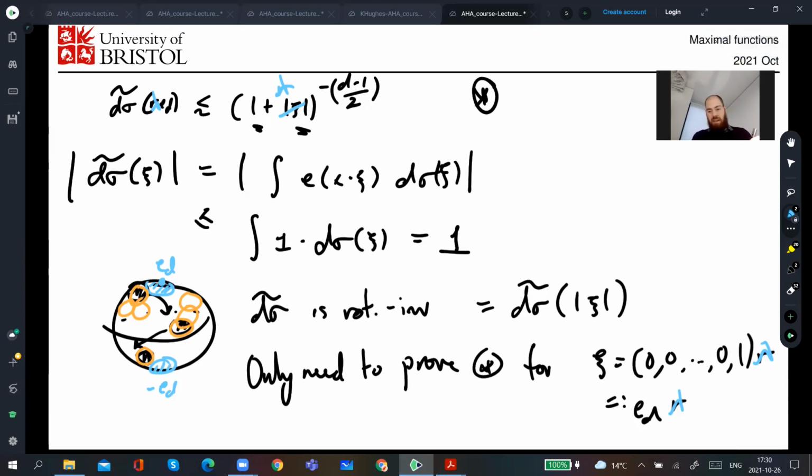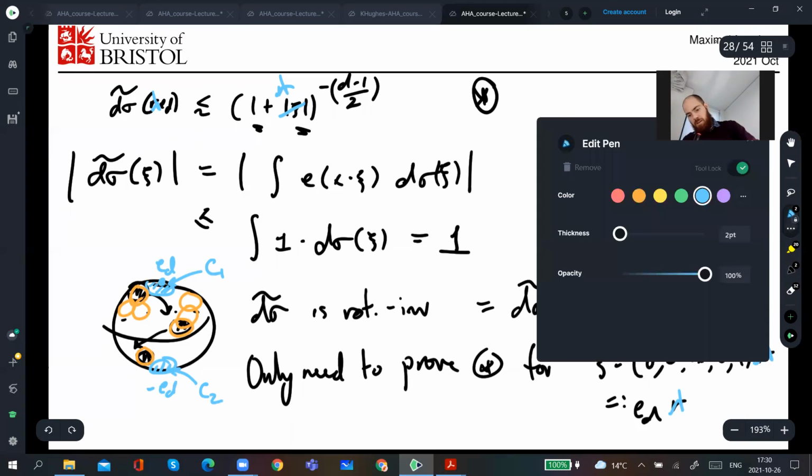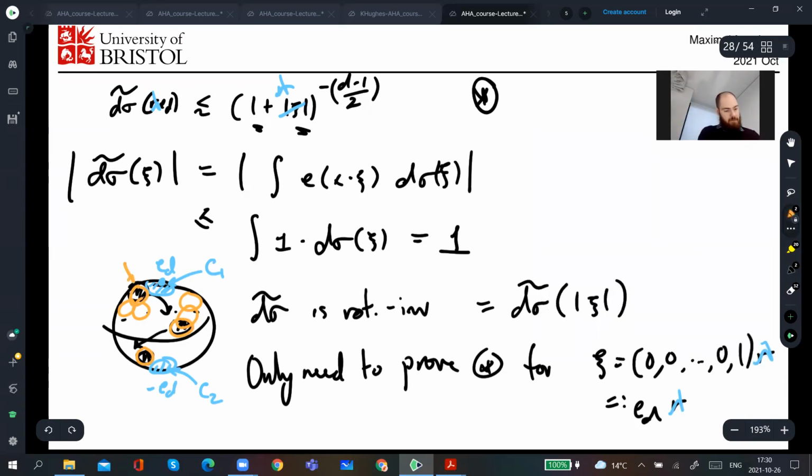So I have this chart. And so I'm going to break up into caps, C1. So this gives me cap C1. This gives me cap C2. And then I have all my other caps, C3, C4, C5, and so on. So I have C3 through CM.